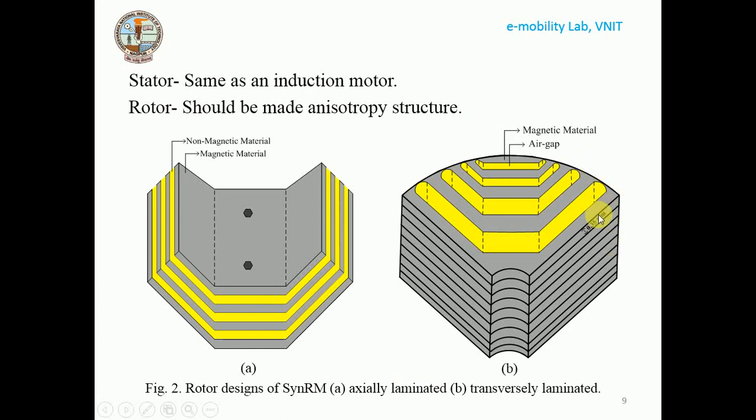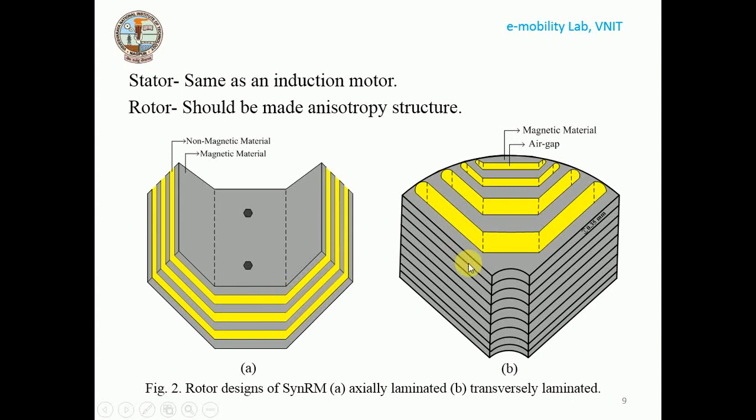Then coming to the next structure, which is called the transversely laminated structure, where the laminations are mounted together. Then we cut some part of the lamination to form the air gap.